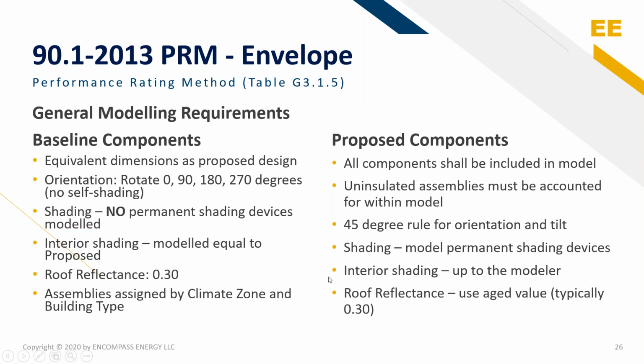In terms of the proposed design, there are a lot of small, minute details, but the biggest idea is to simplify your envelope. If you have a bunch of small turns and facade orientations, you can simplify that as long as you can use a 45-degree rule between your surfaces.